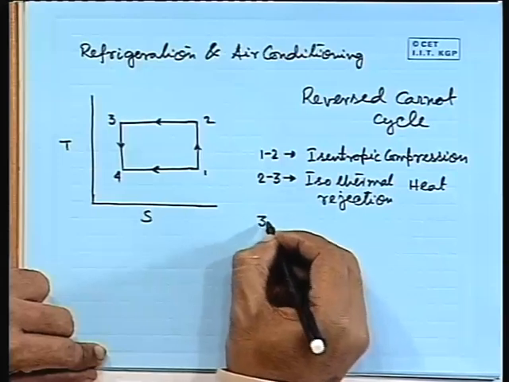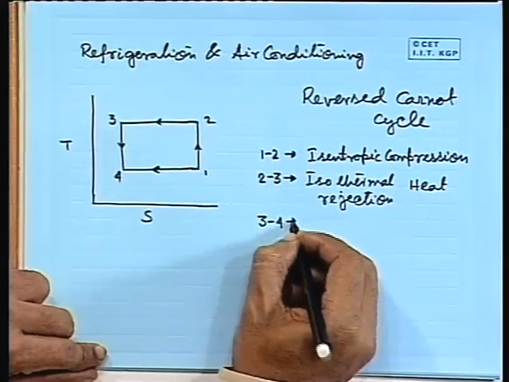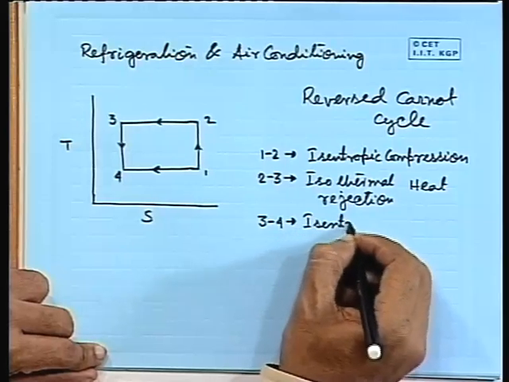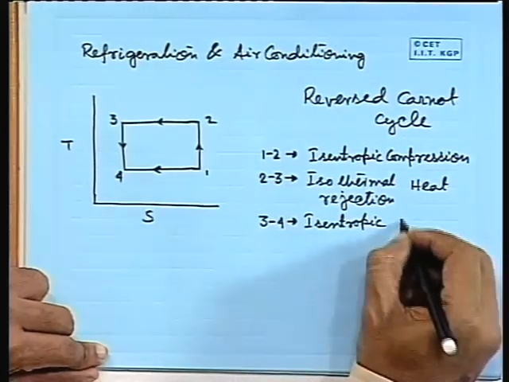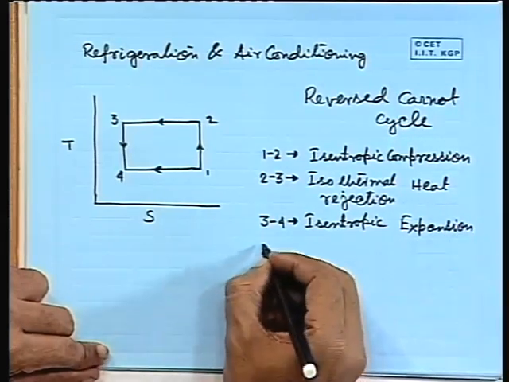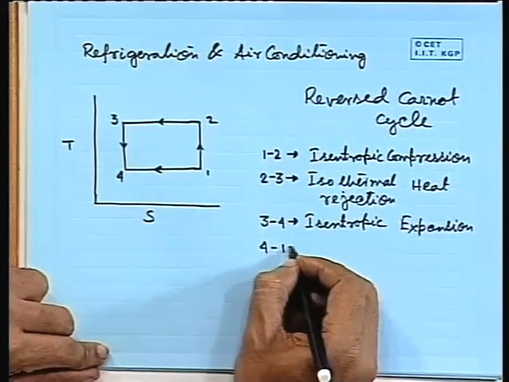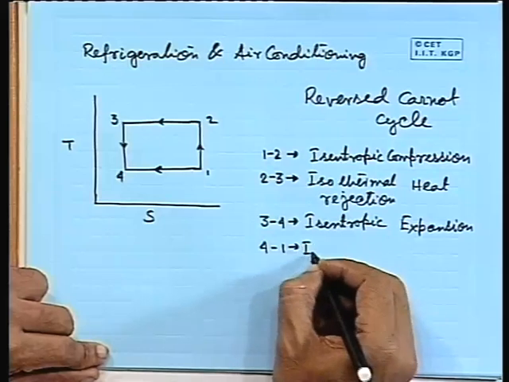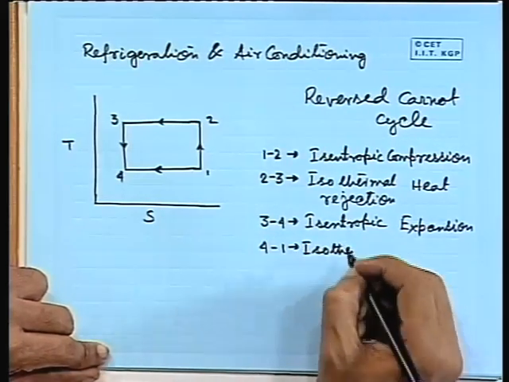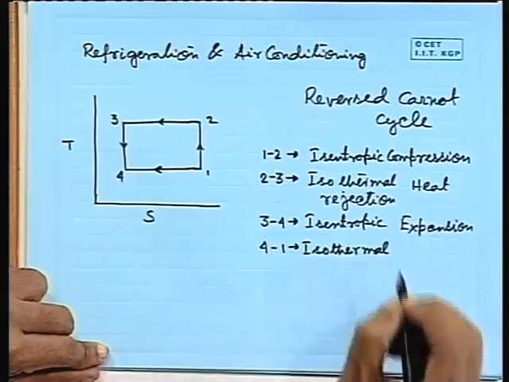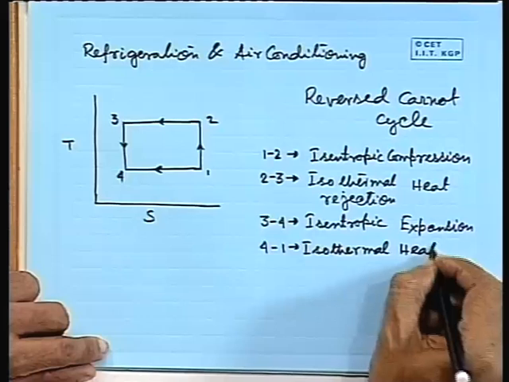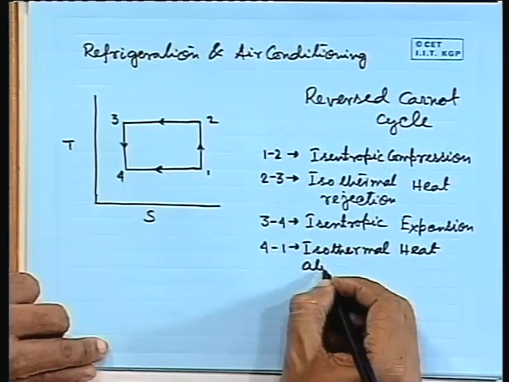Then 3 to 4, I will have isentropic expansion, and then 4 to 1, I will have isothermal heat addition or heat absorption.